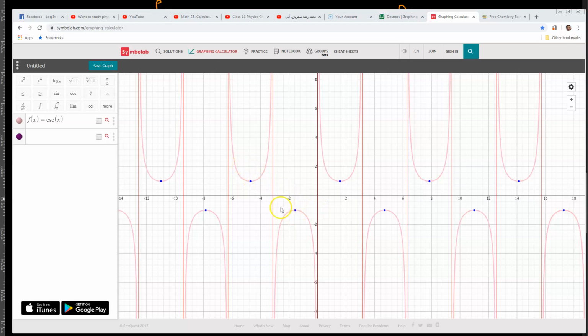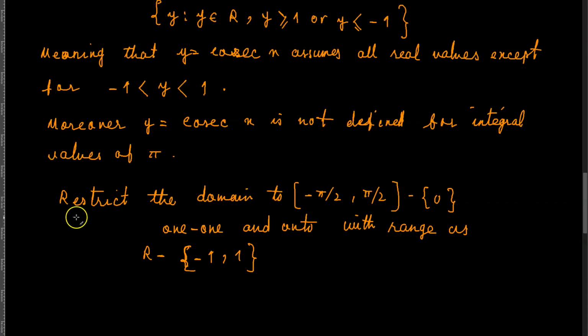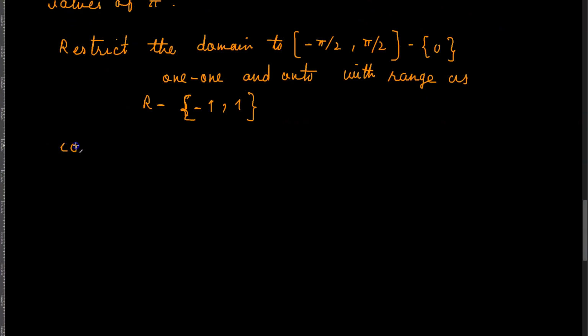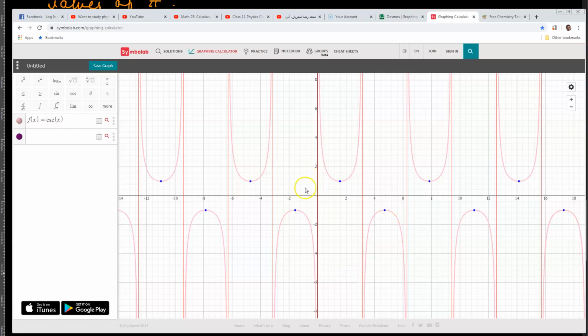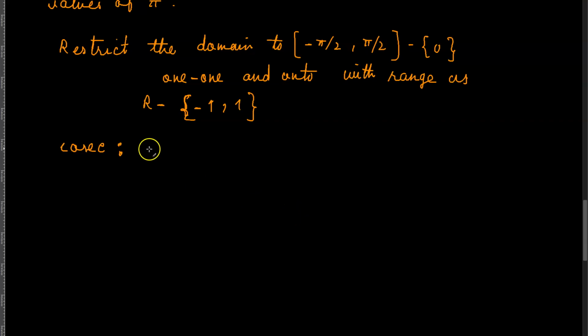Well, depending on your needs, of course, you can do so. There is no problem with that. But the standard way of doing it, when we talk about the cosecant function, we say that the cosecant is a function from the set of real numbers, and we take out all the integral multiples of pi, such that x is not equal to n times pi, where n belongs to the set of integers, right?